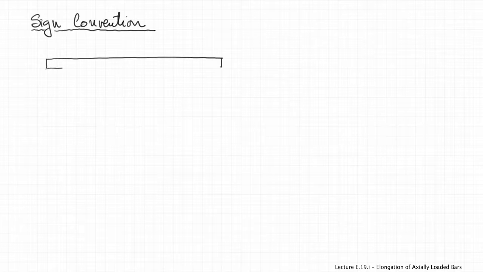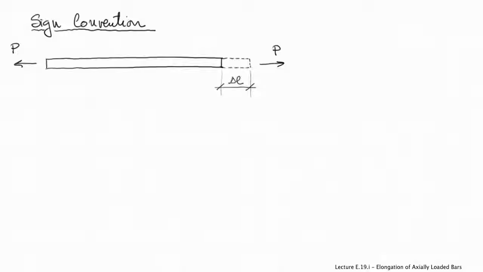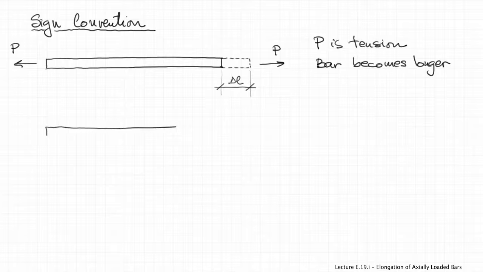So let's assume first a bar like this, which is subjected to a force P, which has as a result the bar becoming longer by an elongation delta L. So in this case, we say that the axial force is a tension force, and due to this tension force, the bar will become longer, and hence we term this as being positive.